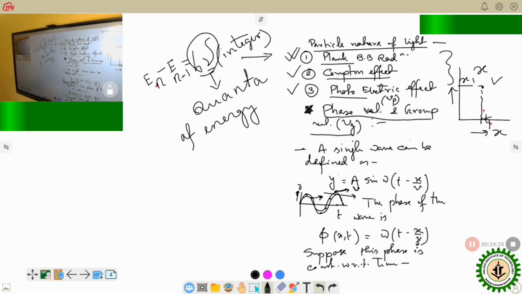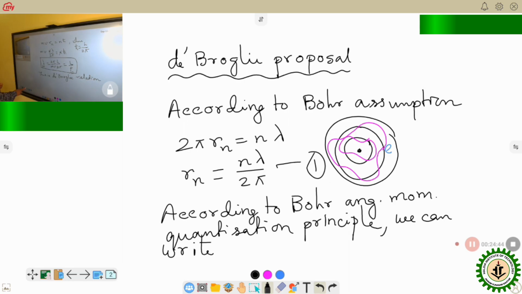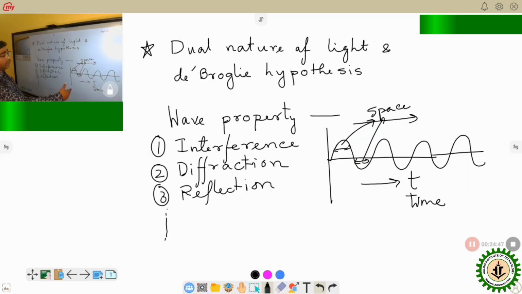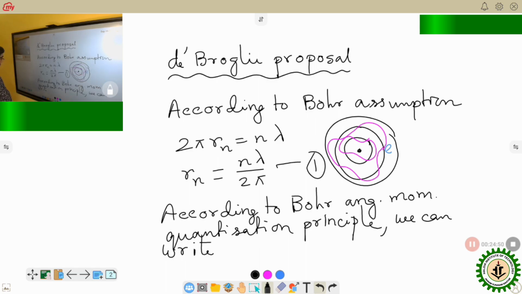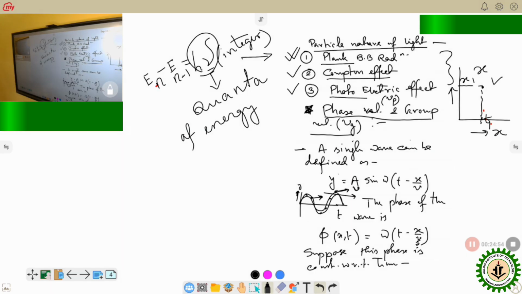As we have discussed earlier on our board, this is the proposal of the wave nature and particle nature of light, and those are mutually exclusive to each other, so how can we relate them?